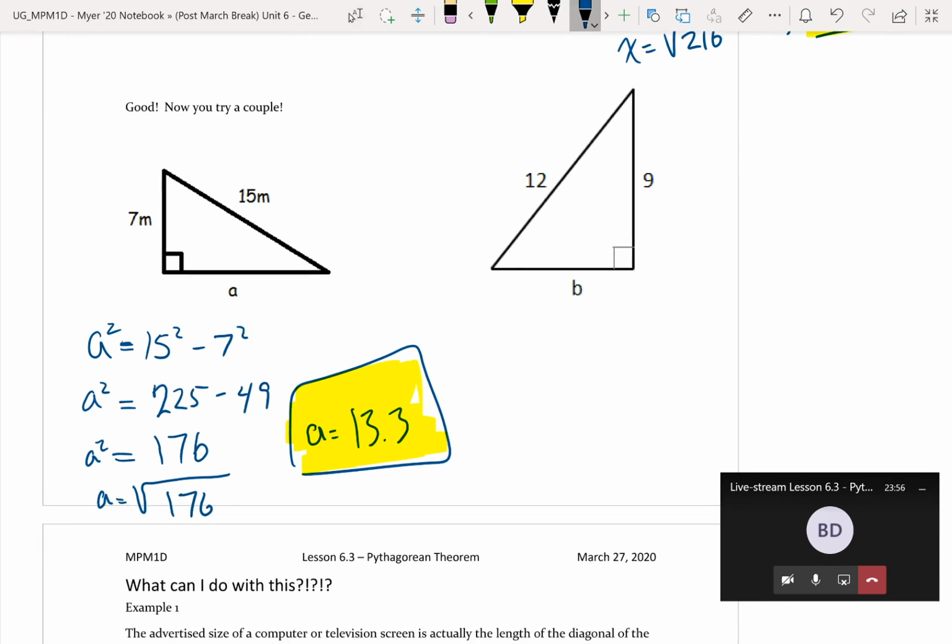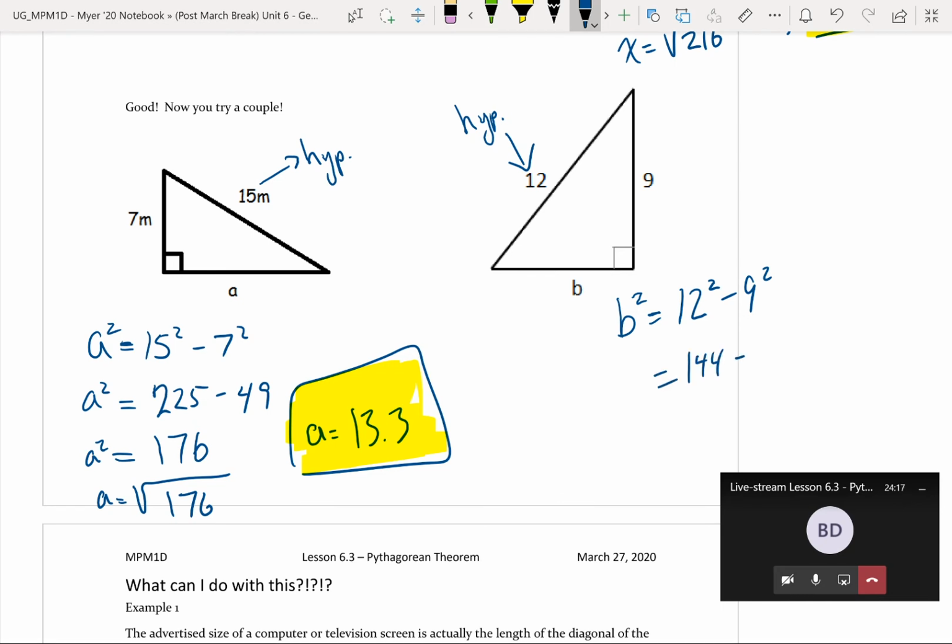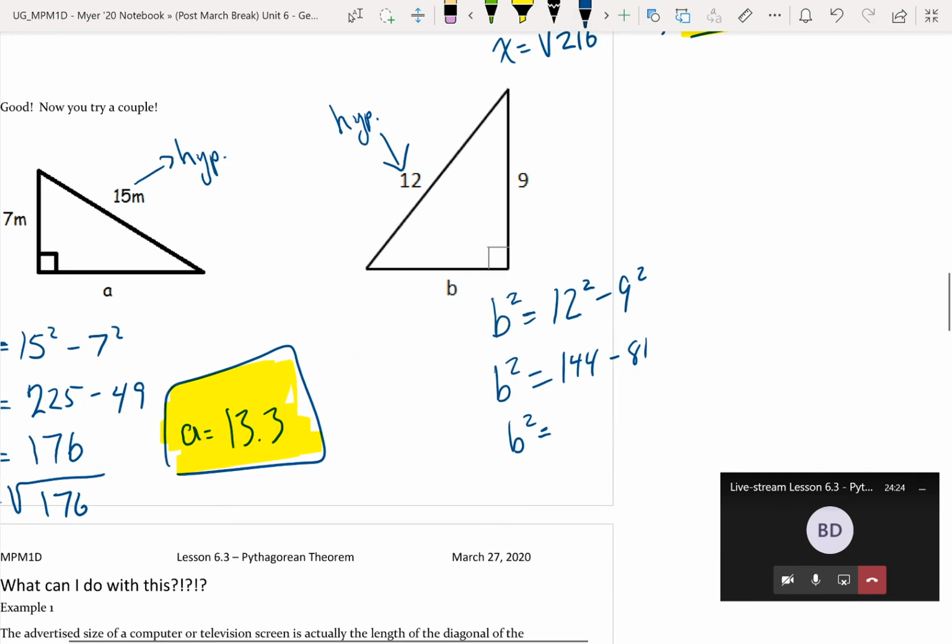All right? Let's look at this last one here. Again, we have the hypotenuse, right? Here's our hypotenuse as well. So we take b squared is equal to the hypotenuse, or the longest side squared, subtracted by the other side that we know. And we got 144 subtracted by 81. So let's subtract the 80 first. 144 subtracted by 80, we're up to 64.